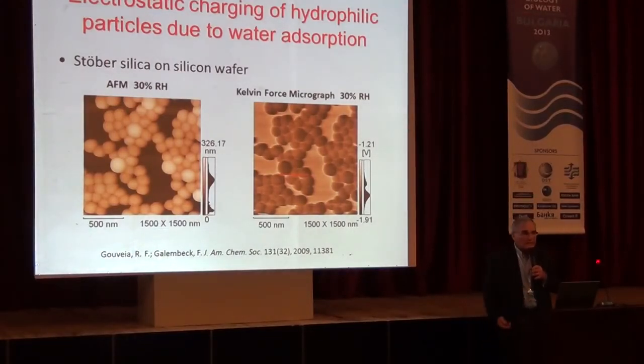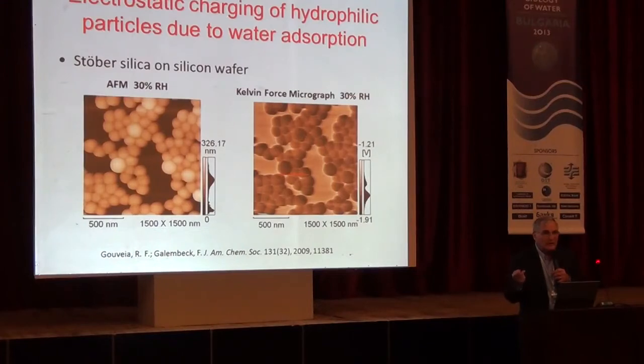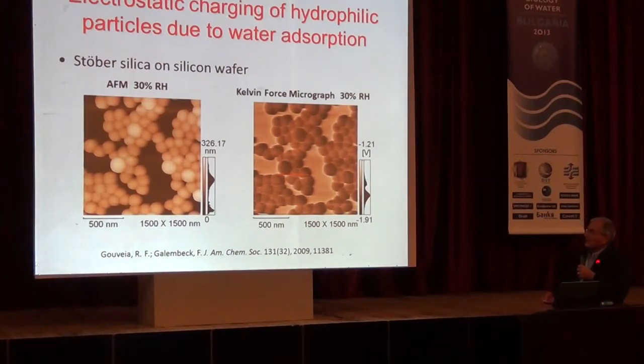Given this experiment, we decided to do one thing, which was just to observe what happens when you have powders, solids, and change the humidity on them. Well, that was done, for instance, in a Stöber silica sample, measuring atomic force and Kelvin image. And from these images, which give potential as a function of position, we can scan lines.